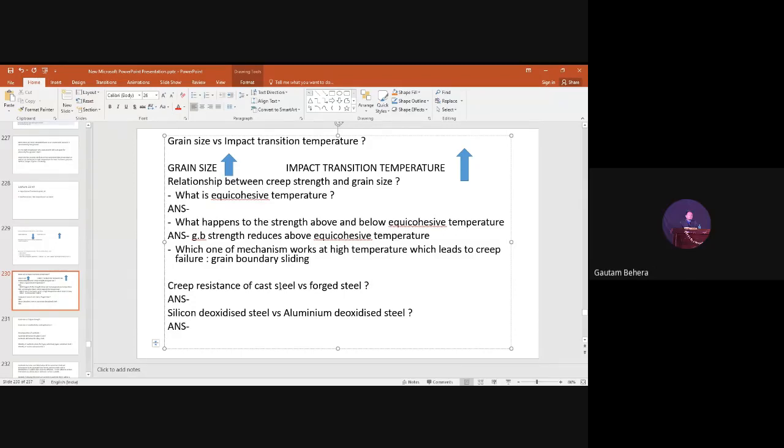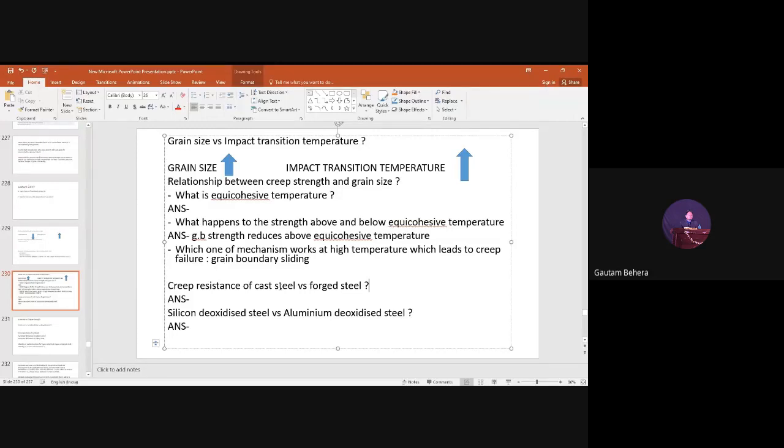The thing is, you will get dendrites. Are dendrites smaller grain or bigger grain? Bigger grain, sir, because they grow in a particular direction. They are big in size, right? Dendrites are a tree-like structure. Do you remember dendrites? Yes, sir. It is like a columnar structure. Columnar structures are actually simple grains, but they are elongated grains.